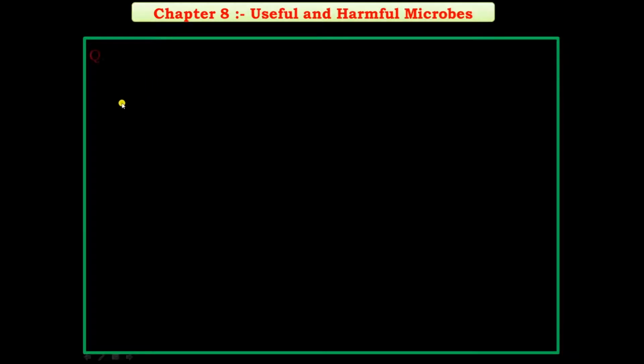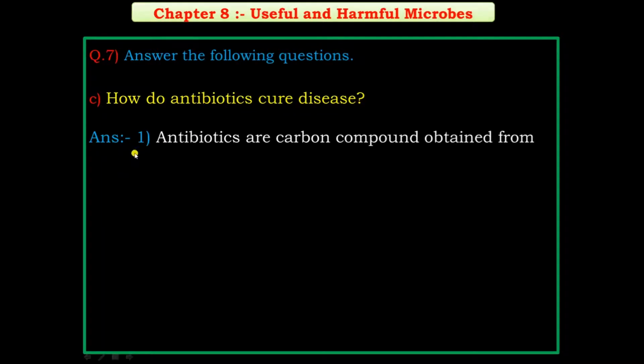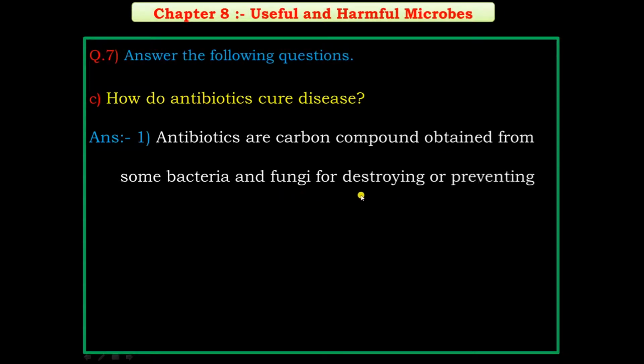Question number C of question number 7. How do antibiotics cure disease? The answer is, first point. Antibiotics are carbon compounds obtained from some bacteria and fungi for destroying or preventing the growth of harmful microorganisms.